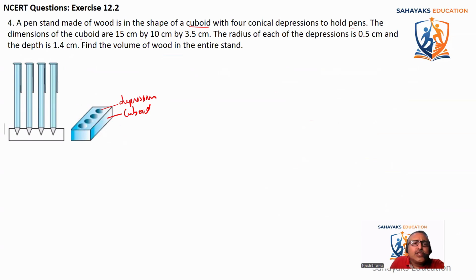The dimensions of the cuboid are 15 centimeter, 10 centimeter, and 3.5 centimeter. The radius of each depression is 0.5 centimeter. The depression is also 1.4 centimeter deep.